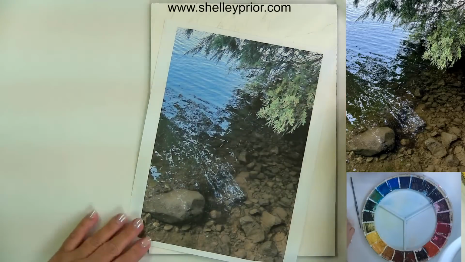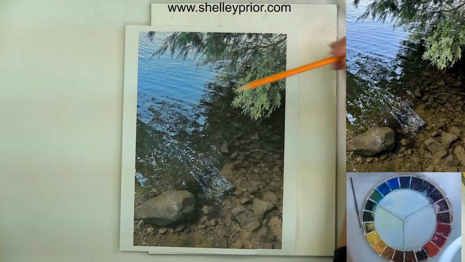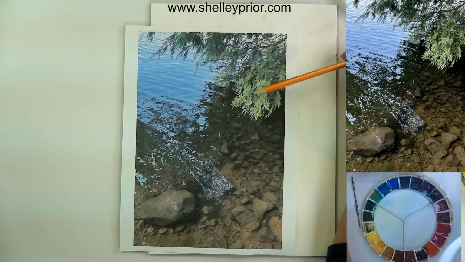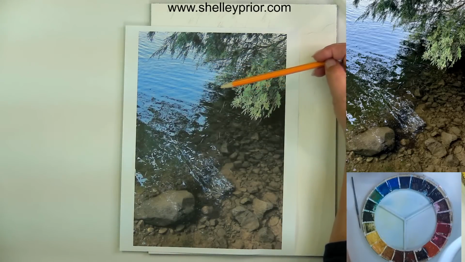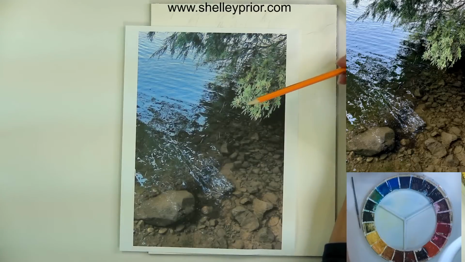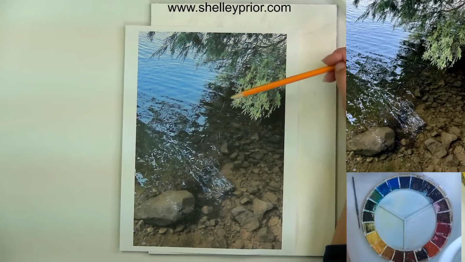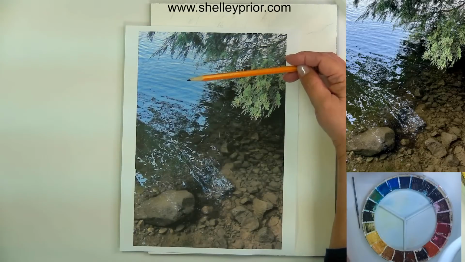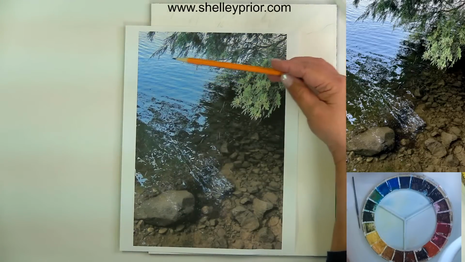I'm going back to values here again, because one thing I've noticed in some of my recent classes is that there's not enough attention paid to how bright or how light things are, and the effect of painting on white paper versus painting on a previously painted color.